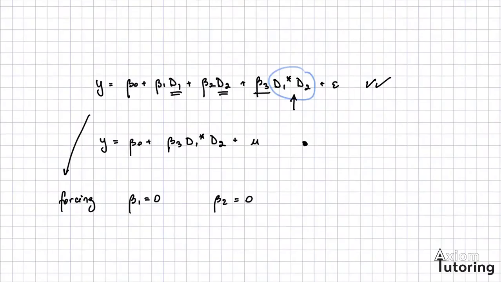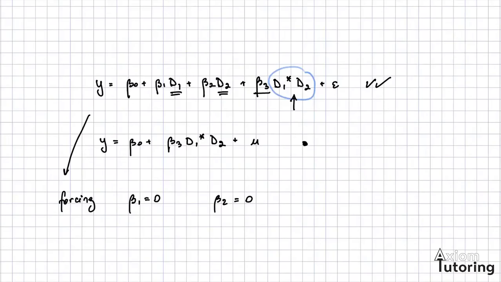However, this is a very strong restriction you're making, and you haven't even tested it. In other words, what you're trying to do is to answer a question that the data should be answering for you. So whenever you include an interaction term, always include all of the constituent terms.